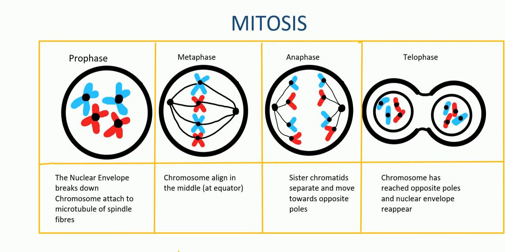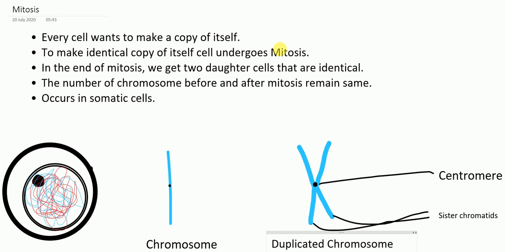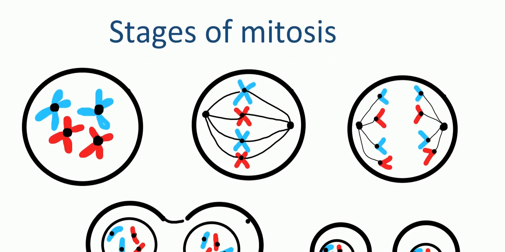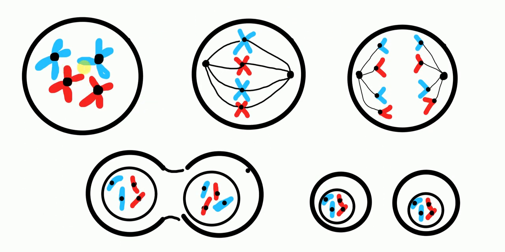Remember, in the beginning I told you guys that the number of chromosomes before and after mitosis remains same. So let's check if the number of chromosomes before and after mitosis is same. Here we are having 4 chromosomes, correct? In the prophase, here we are also having 4 chromosomes. So the number of chromosomes before and after mitosis is same.